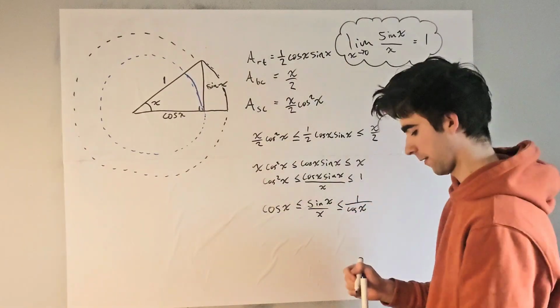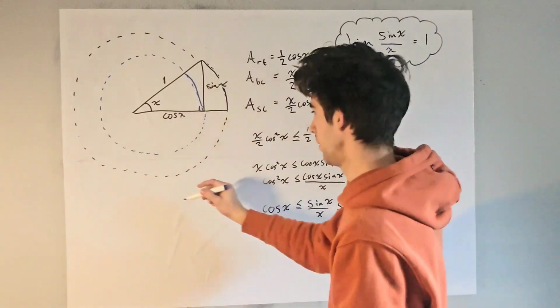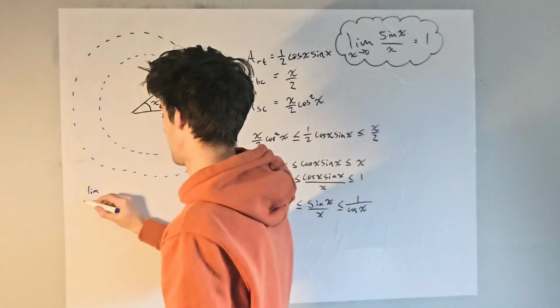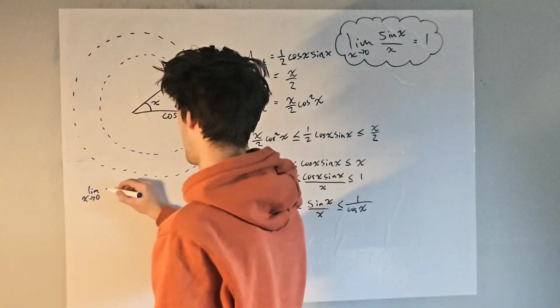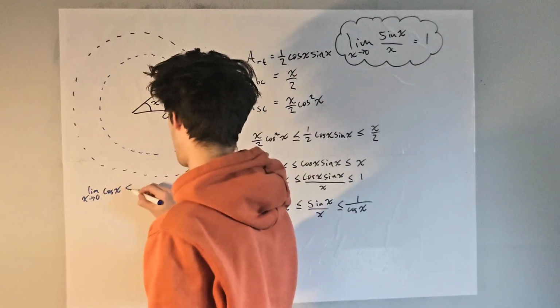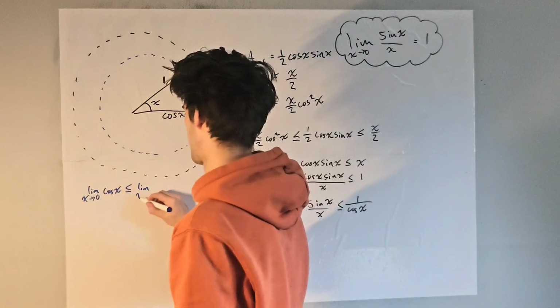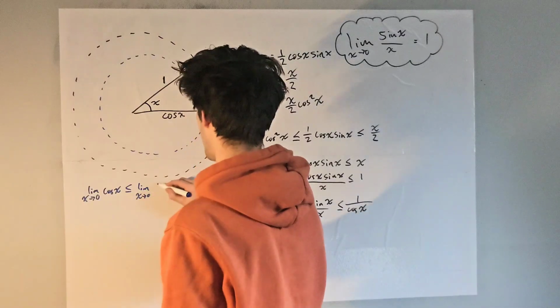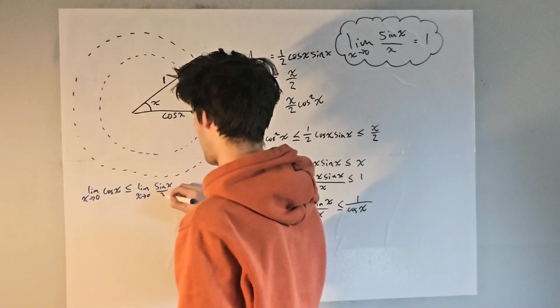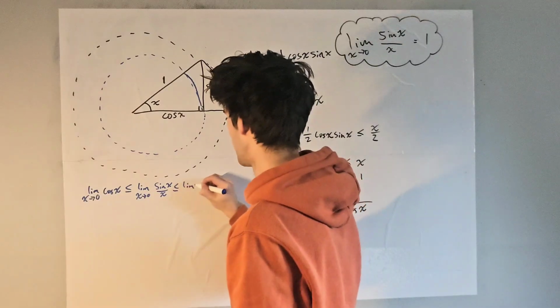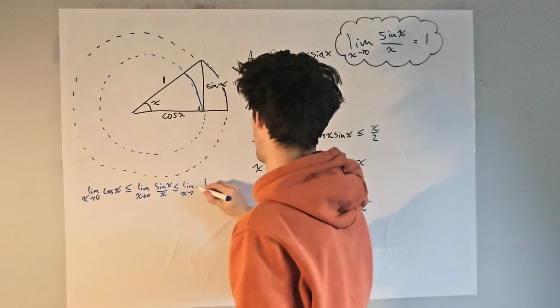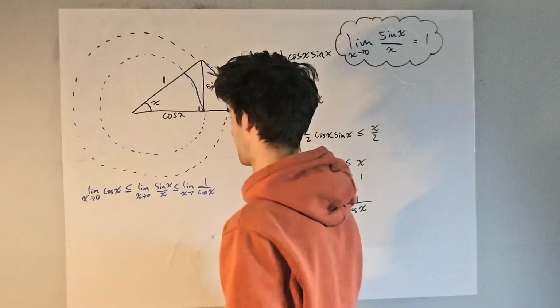Now we'll take our limit. So I'm going to write it over here. The limit as x approaches 0 of cosine of x is less than or equal to the limit as x approaches 0 of sine x over x, that's the one we're trying to figure out, is less than or equal to the limit as x approaches 0 of 1 over cosine of x.